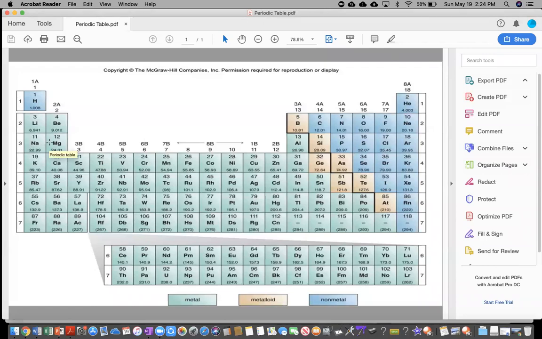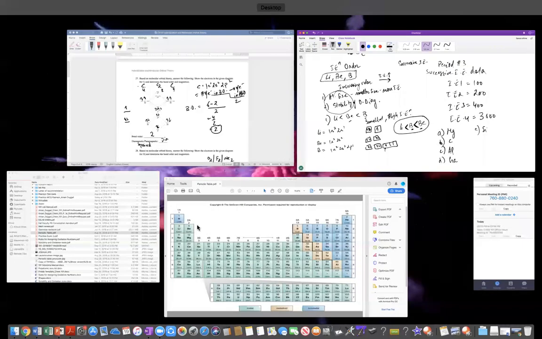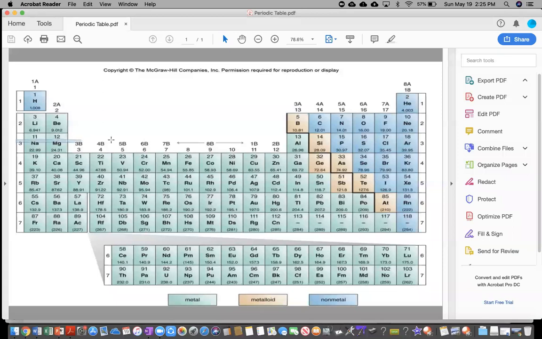That's 3s2 right there. That part. So period number 3 is this row. So our atom has to be any of these 8 atoms that we're seeing here.